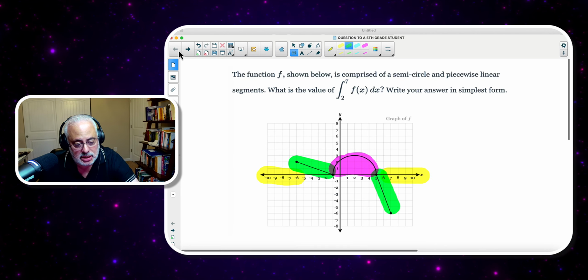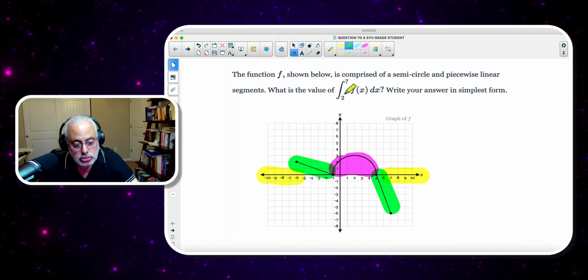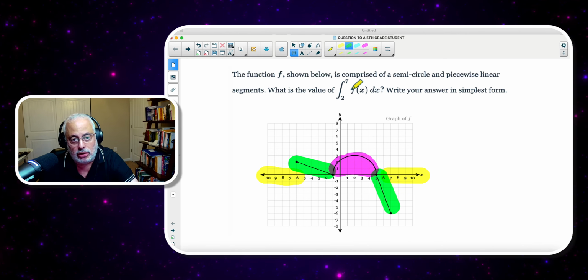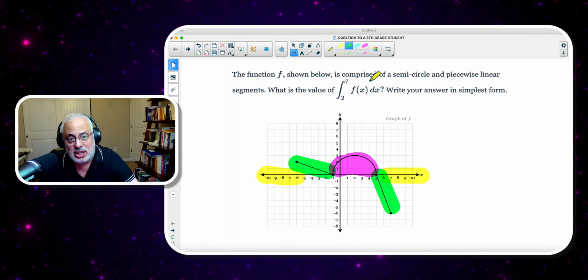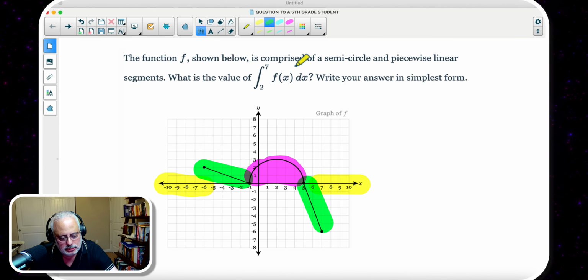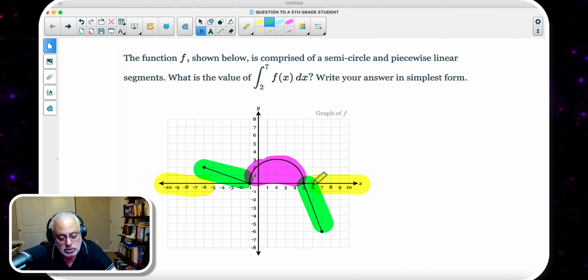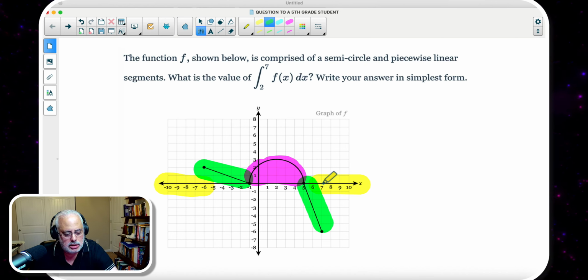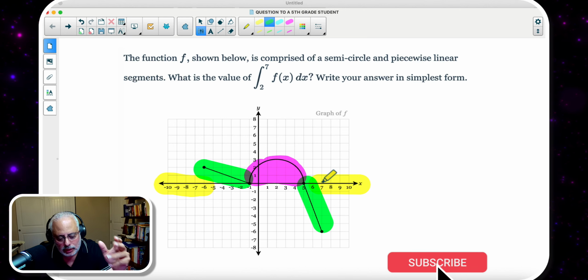The question itself says that you have to find the integral from 2 to 7 of the function f dx. So we have a specific interval right here. And the interval is from number 2 all the way to 7. So remember, our fifth grader was able to find the area of the circle.